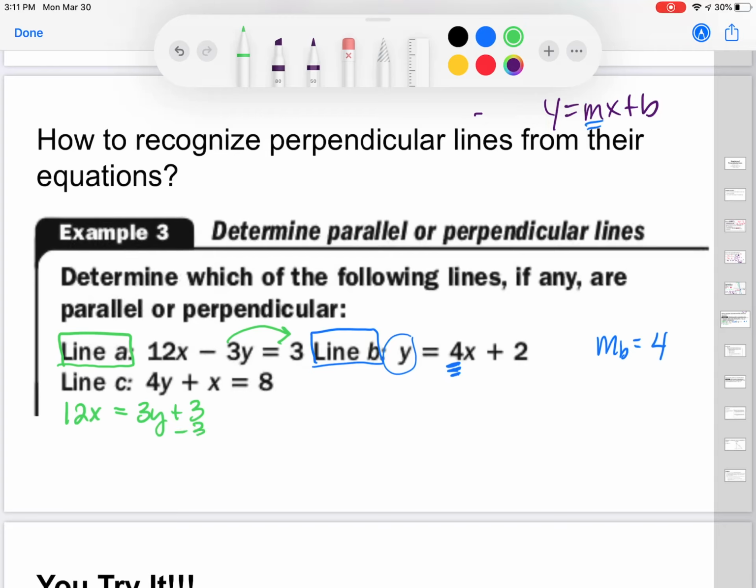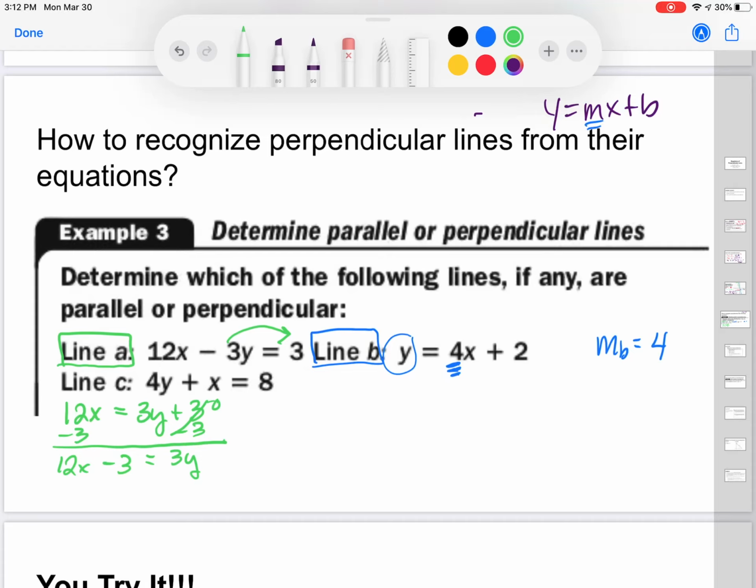Now I want to subtract 3 from both sides. Okay. That goes to 0. And we have 12x minus 3 is equal to 3y. And remember, how do I get y by itself? We said 3y is the same as 3 times y. So 3 multiplies y. Do you recall what our opposite operations are? Remember we said add is opposite of subtract, and multiply is opposite of divide.